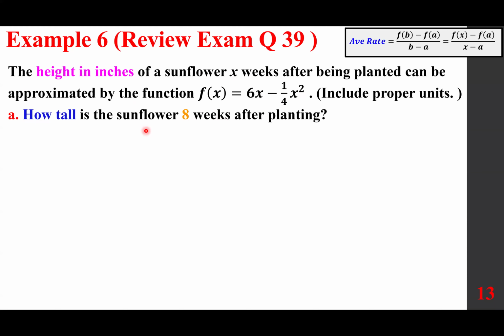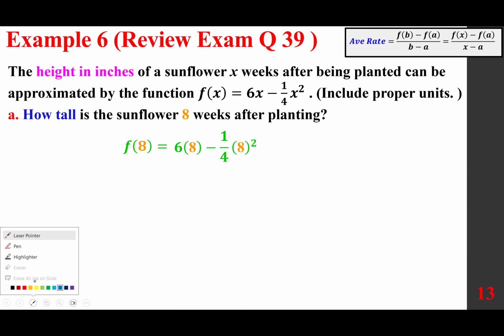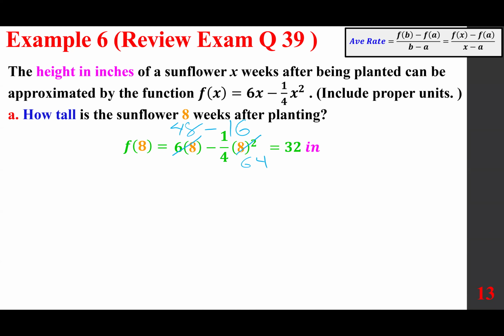So in this case, simply elementary algebra, you want f of 8, which means 6 times 8 minus 1/4 of 8 squared. This is 48. This is 64, minus 1/4 of 64, which is 16, and you get 32 inches.